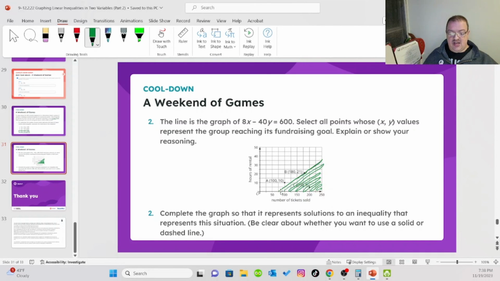We make it a solid line because we did say at least, so $600 does count, and all the points on the line will make exactly $600 profit.